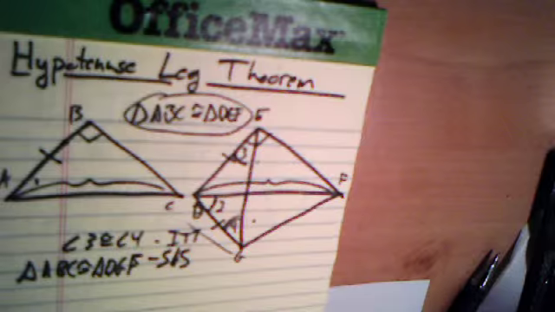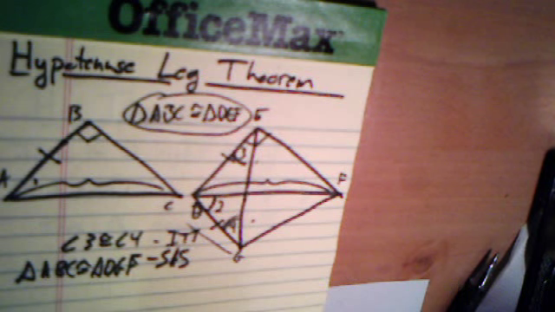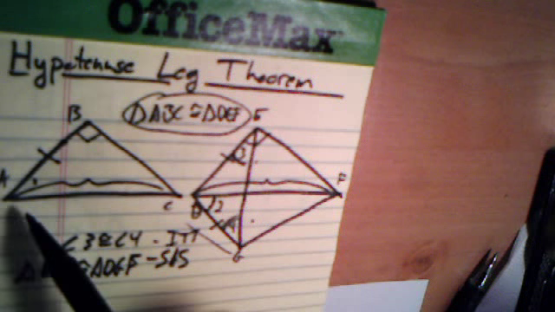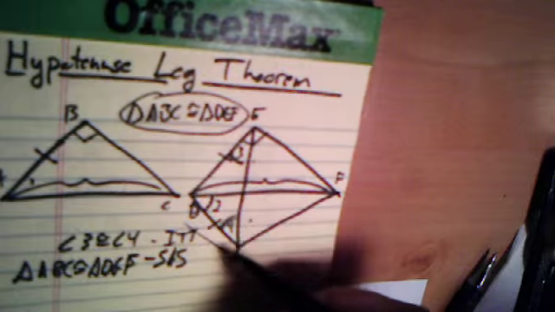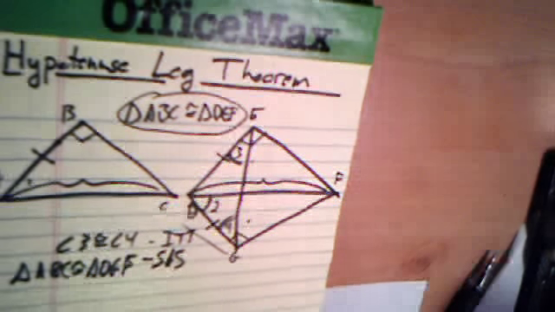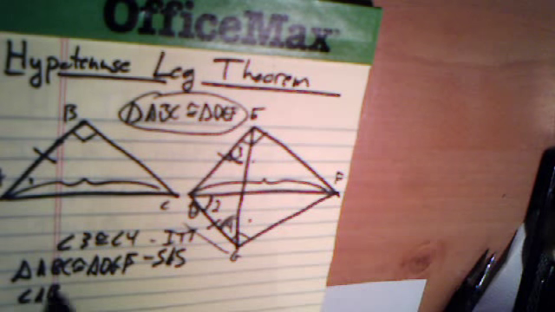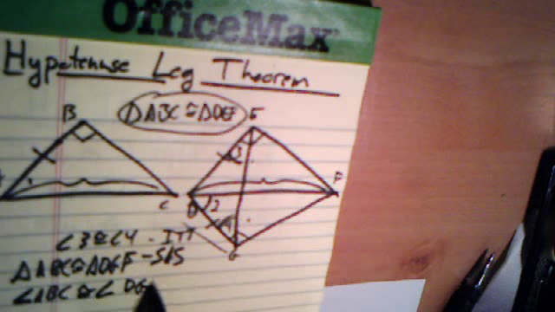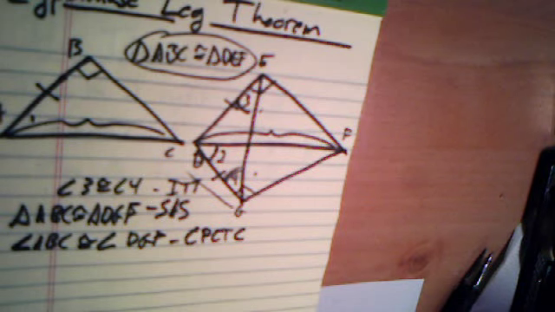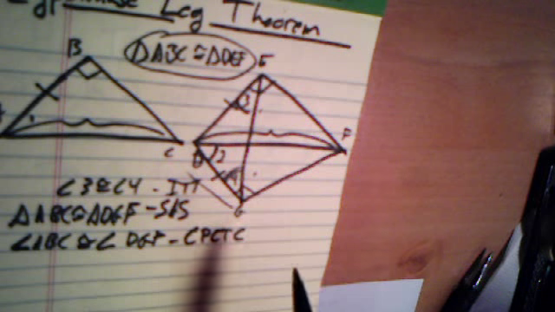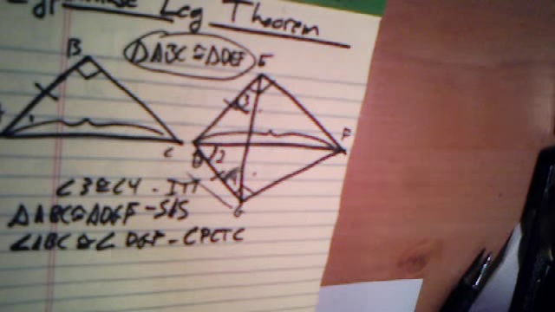And then we'll take some corresponding parts. We're going to say that angle ABC is congruent to angle DGF, which we happen to know are both going to be right angles. That's corresponding parts of congruent triangles congruent. Now, once we've got that, we can see that this other one, we've got a right angle, right?